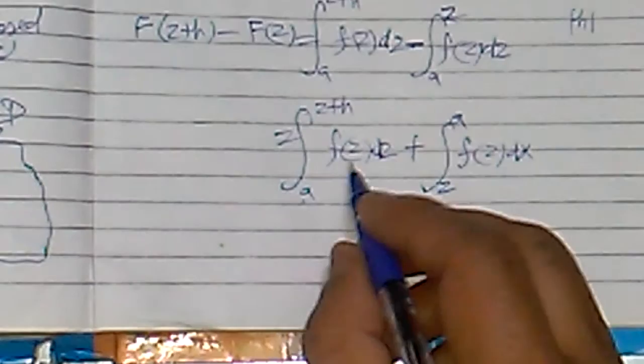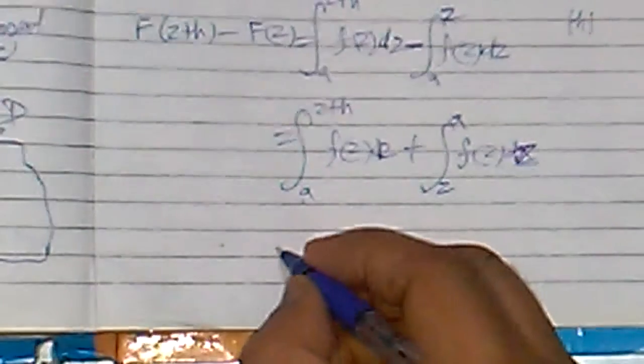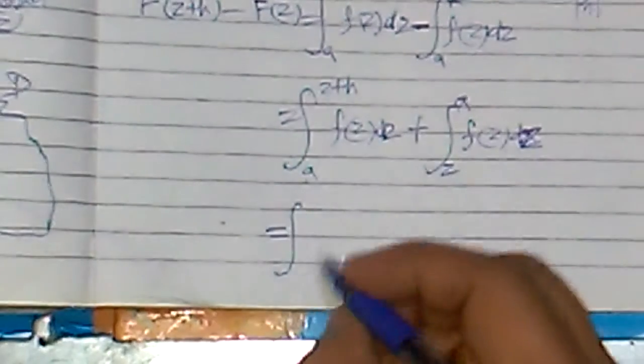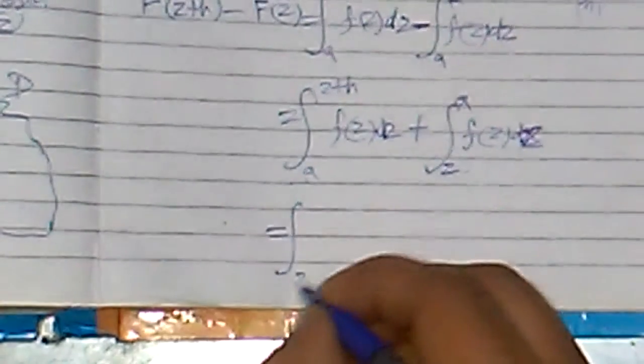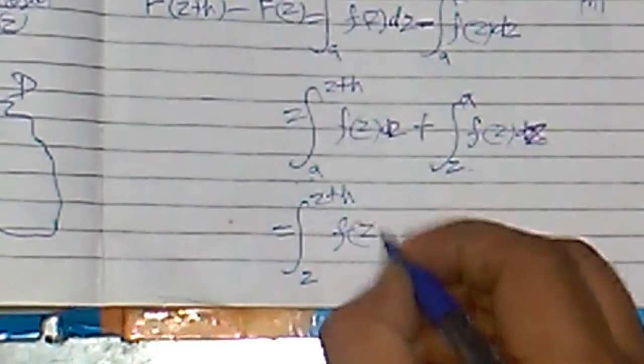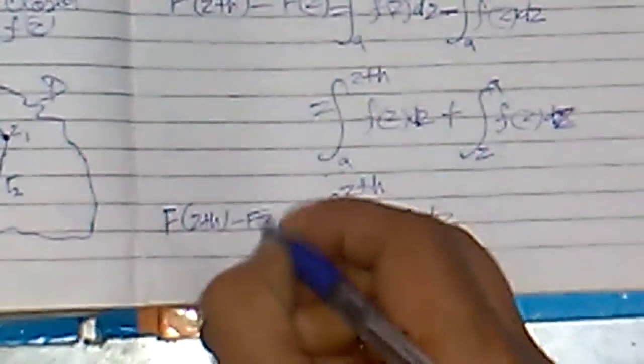Here the lower limit and upper limit of the integrals are the same and the function is the same also. So we use the property of definite integrals, and the common part is eliminated, leaving the starting point z and final point z plus h, with the common function f(z)dz. So we write F(z+h) minus F(z).